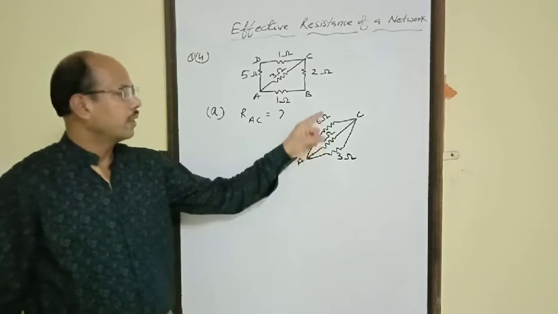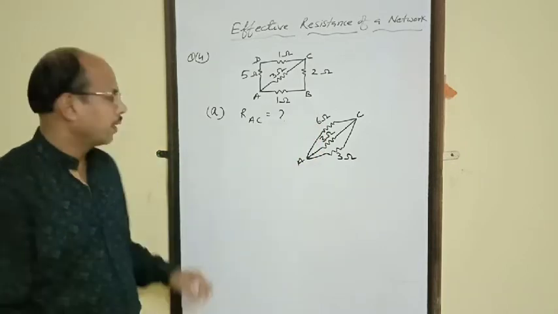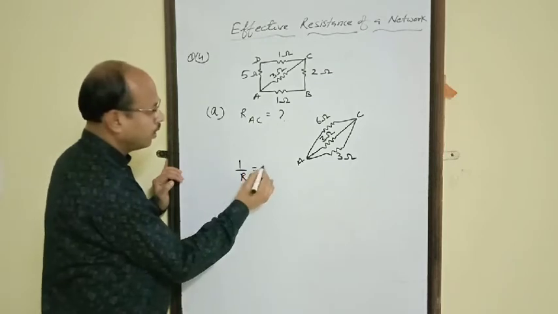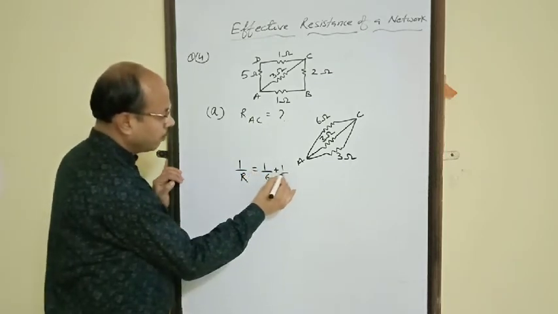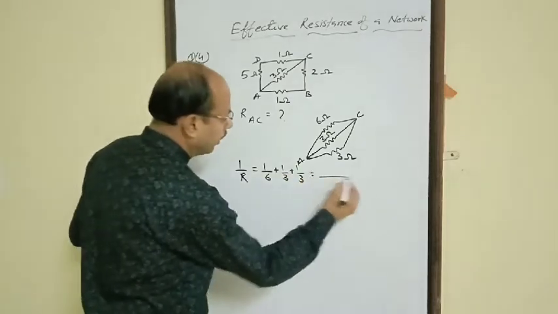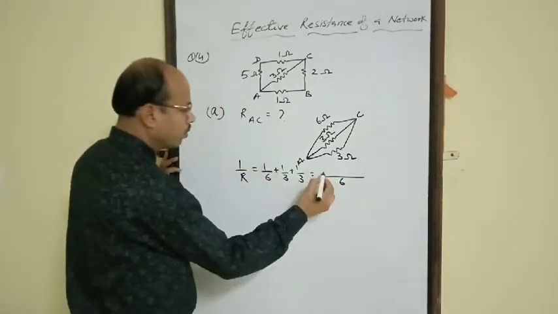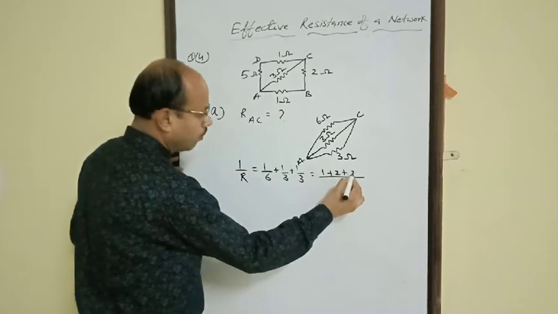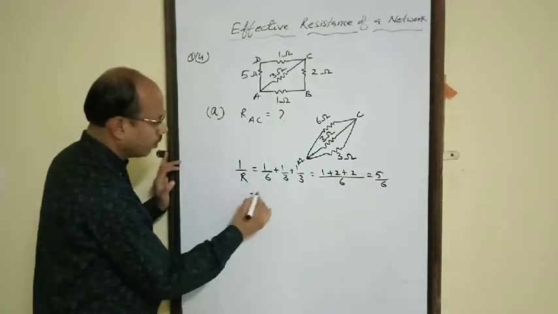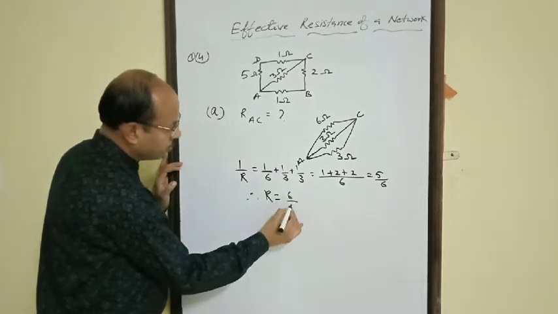Now we can easily understand these are 3 resistors connected in parallel. Therefore, for the effective resistance, 1 upon R equals 1 by 6 plus 1 by 3 plus 1 by 3. And finally you get 1 plus 2 plus 2, that is 5 by 6, and therefore R equals 6 by 5.